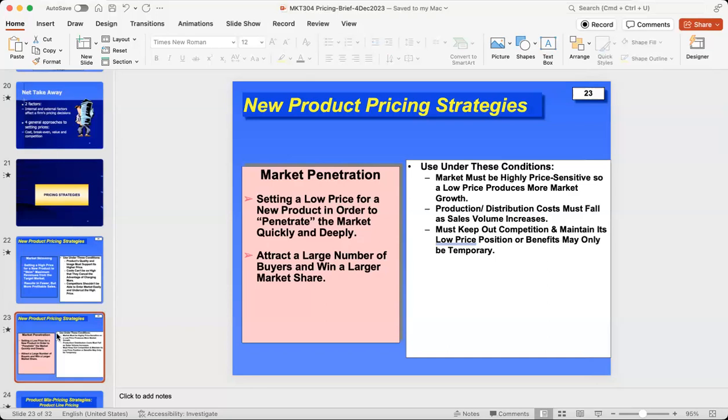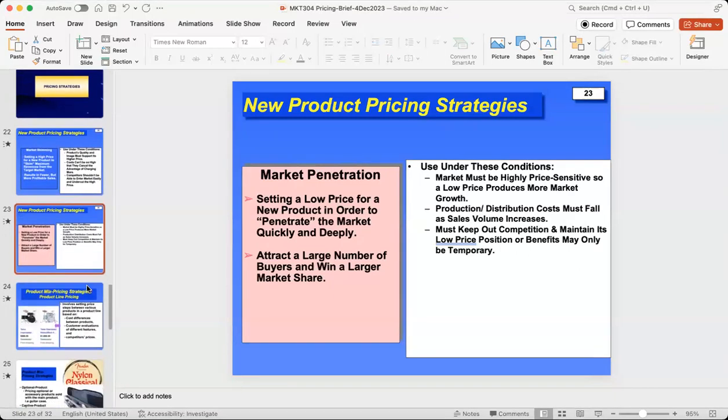And make very little money and maybe even lose money at the beginning, but as the volume gets bigger, you will start making money, and it will be difficult for someone to enter because they won't have the volume, and it will take them even more time to get to those volumes, and it's therefore not a big incentive. So these are the two main strategies of pricing, but there are other ones within the pricing strategies.